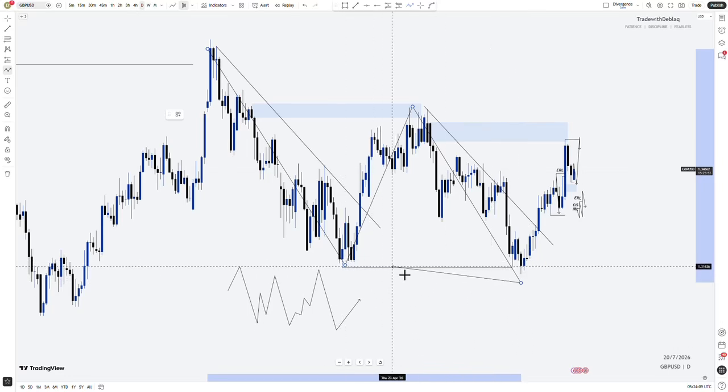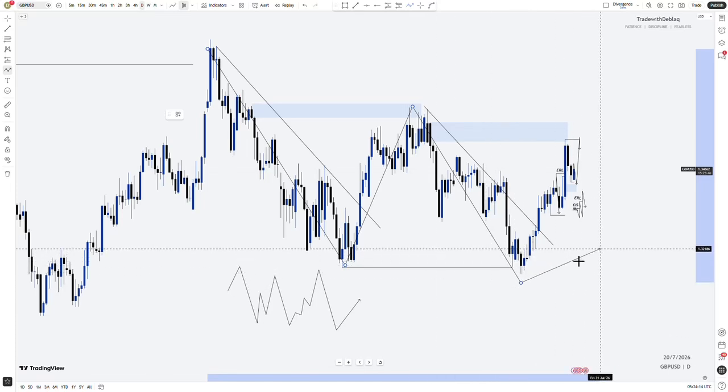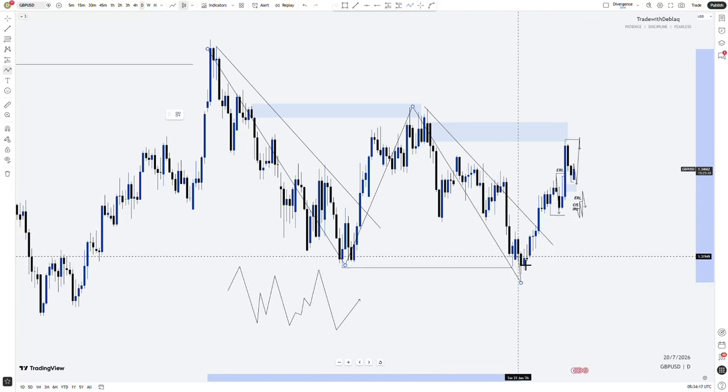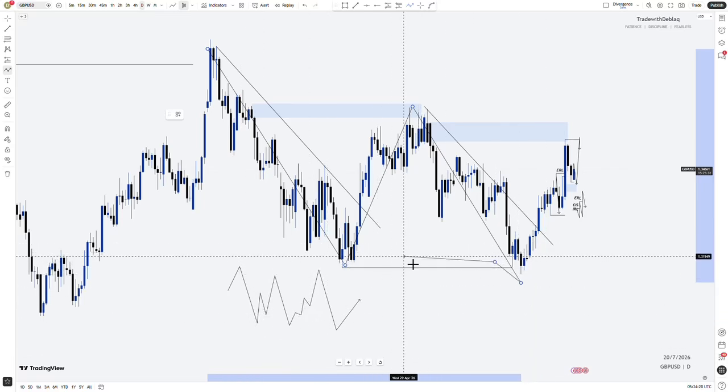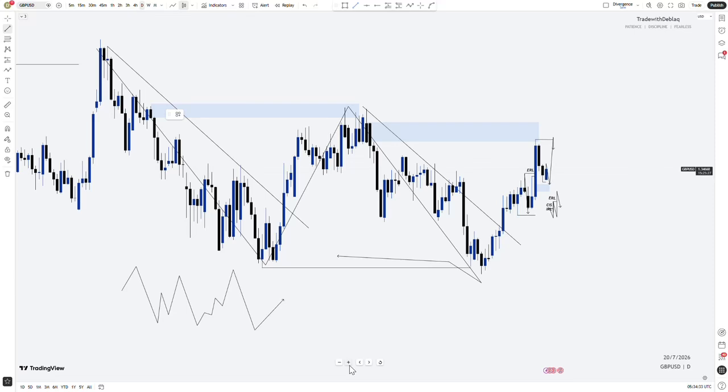Price just swept this low instead of breaking it, and there's a difference between break of structure and liquidity sweep. So definitely, price swept, just took out this low with just a wick, and again we can see this minor liquidity sweep, a liquidity sweep.